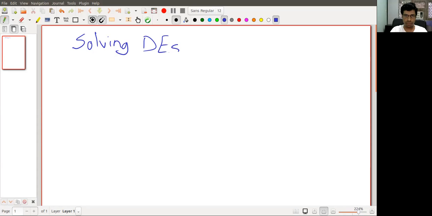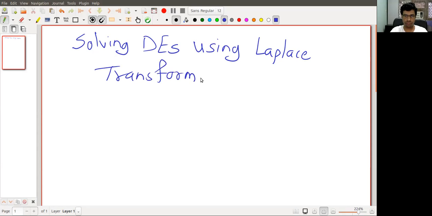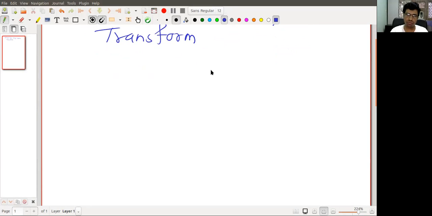Solving differential equations using Laplace transform. Now first we see procedure and then we discuss some examples.